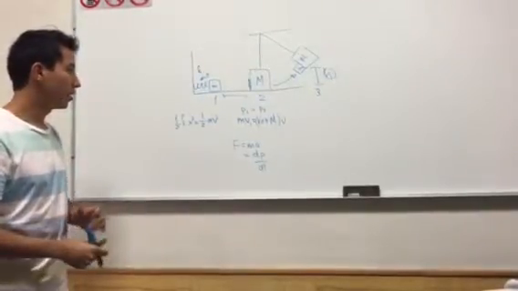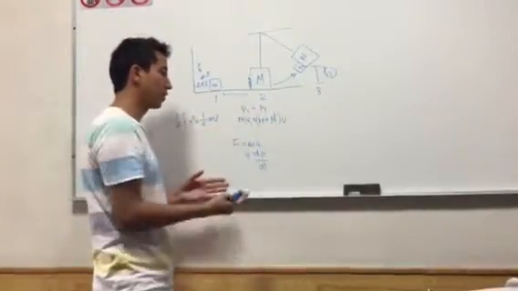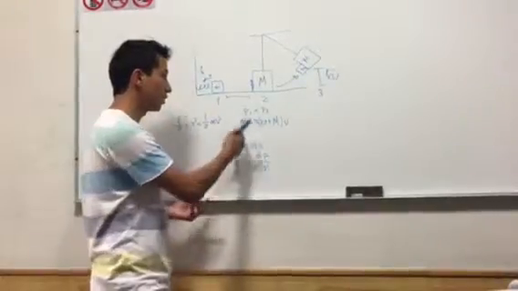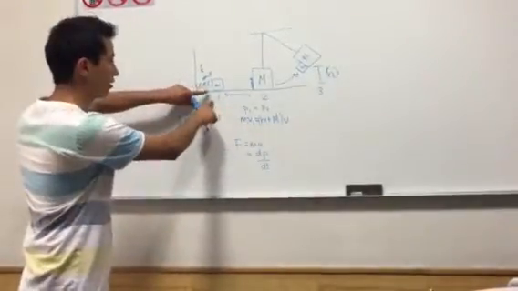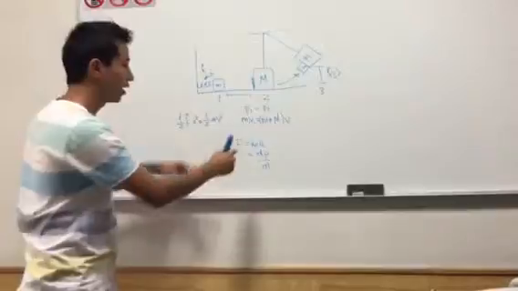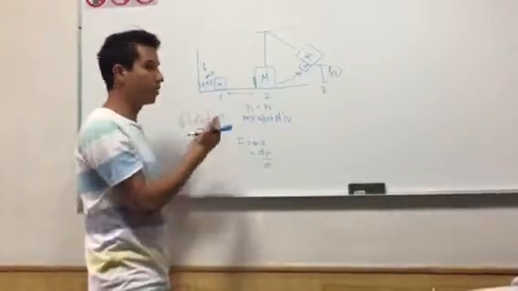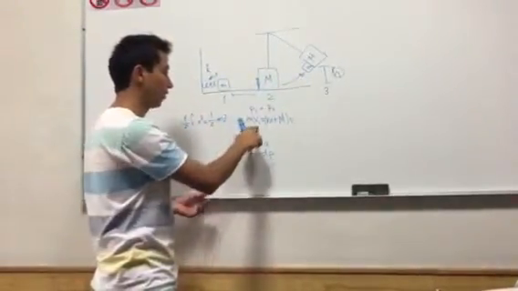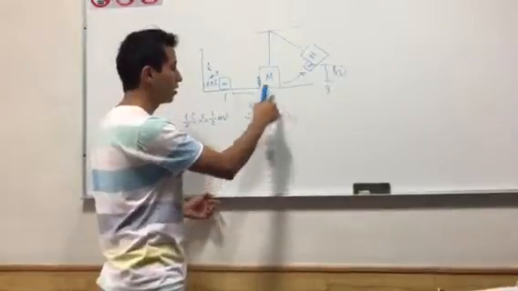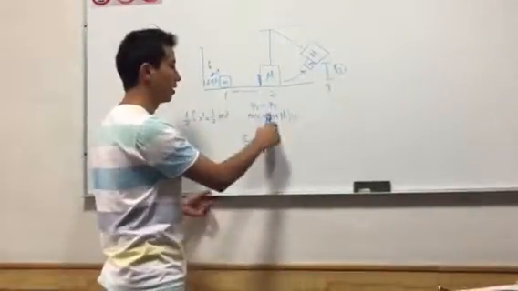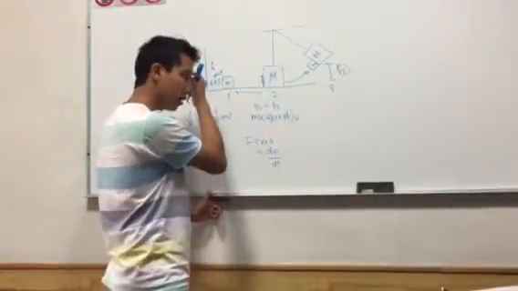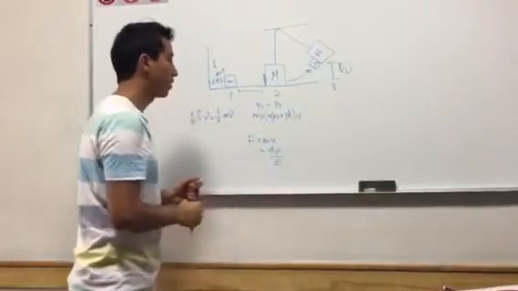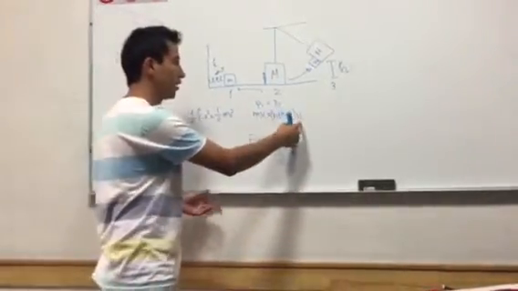Okay, so here we have to apply the momentum formula, that is the mass of the first block times the velocity of the first block is going to be equal to the first mass plus the other mass of the bigger block times a new velocity.